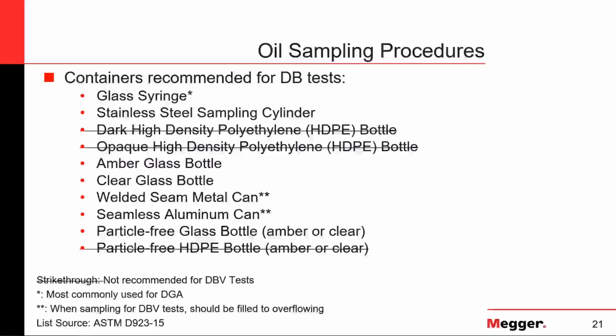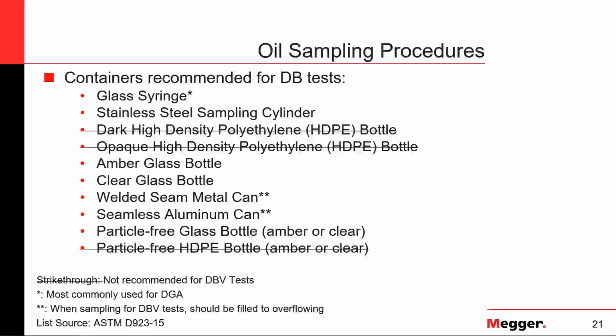If we look again at the standard D923, we will find a table that lists different types of recommended containers, and it gives us advantages and disadvantages depending on the type of measurement we want to do with the sample we are taking. As you can see here in the slide, I have a glass syringe, for example. It can be used for dielectric breakdown testing, even though it's most commonly used for DGA.